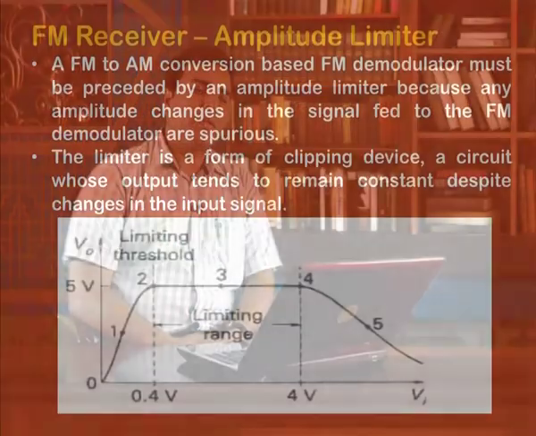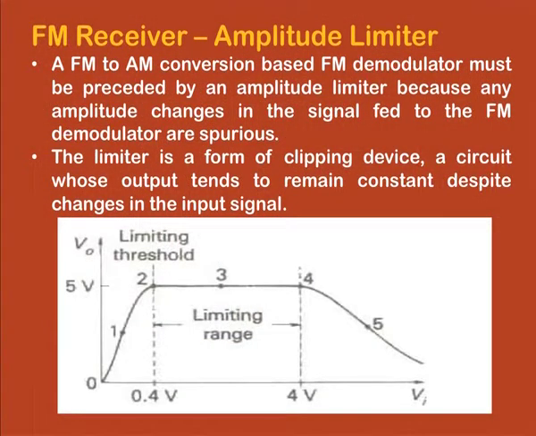The second important circuit which is different in FM as compared to the amplitude modulated receiver is the amplitude limiter. So, what we realize is that the kinds of demodulators which we discussed for FM, like slope detector and balanced slope detector, were in general called FM to AM conversion demodulators.